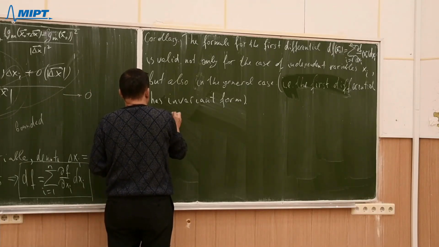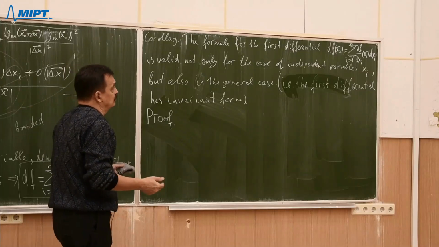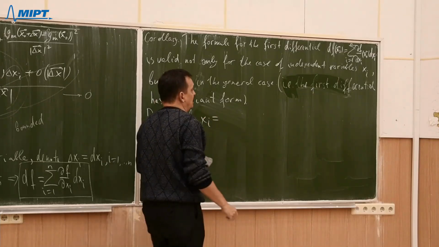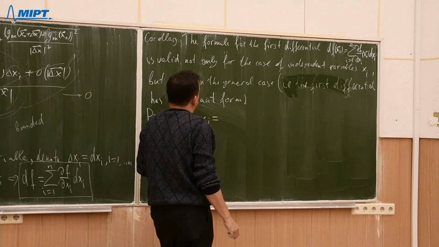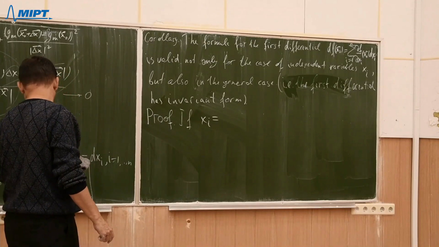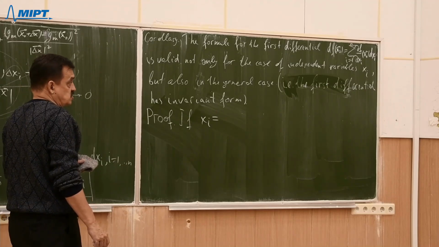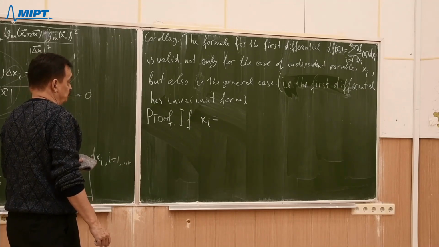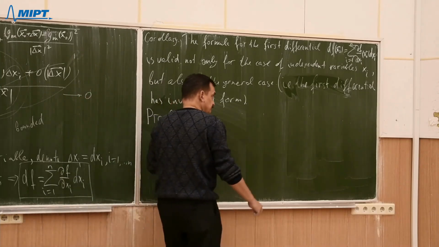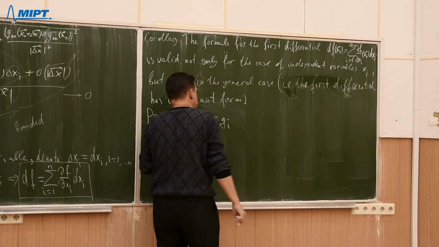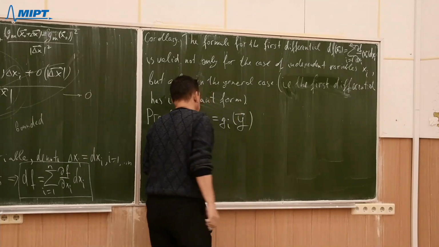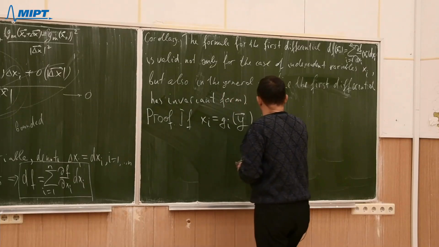So, proof. Now we want to understand what happens if the xi's are functions. Okay, I'm sorry, but now it will be different indices everywhere: gi of the vector y, i from 1 up to n.